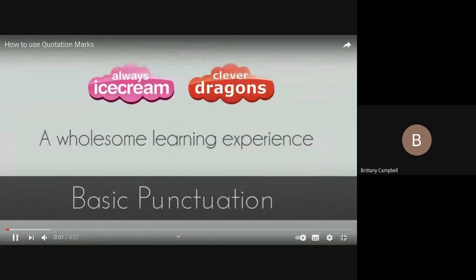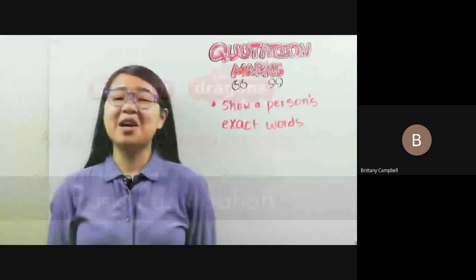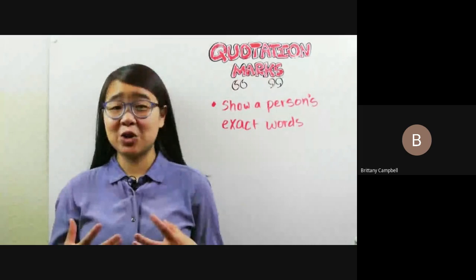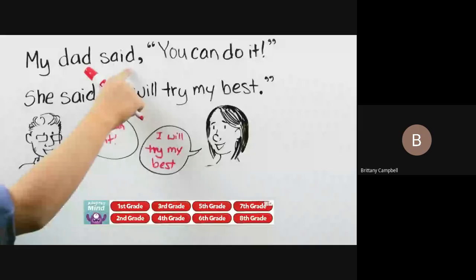Basic punctuation. In this video, you'll learn how to use quotation marks. Quotation marks are a set of curly hooks often used around sentences or phrases which show a person's exact words. Here is an example. My dad said, "You can do it."